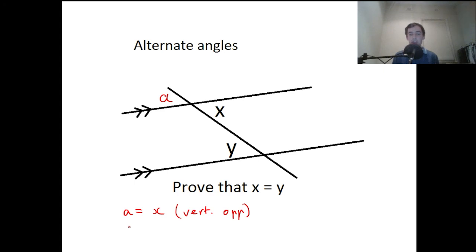And then I can also say that A equals Y because we've just talked about how they are corresponding or matching. Okay, and finally, if X equals A and Y equals A, they both equal A, then that means they must be equal to each other as well. So we can say therefore at the end, X equals Y.